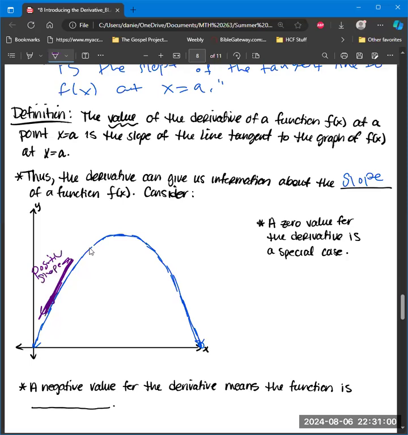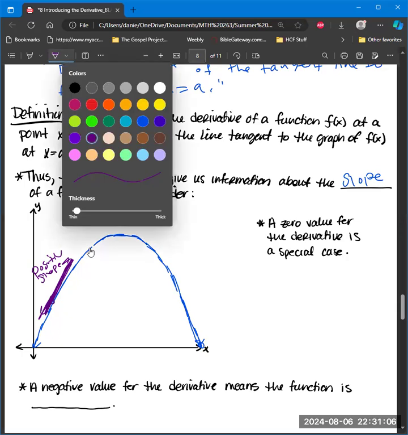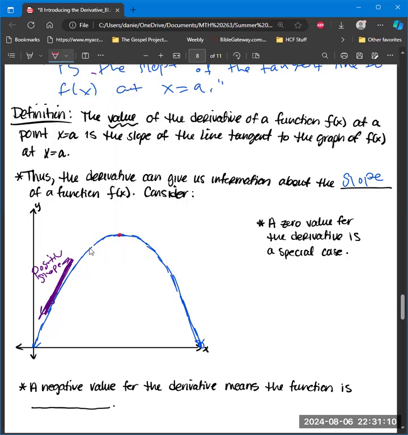You see that the tangent line is going uphill. It's increasing at this line here. The tangent to that vertex right there is going to have zero slope.